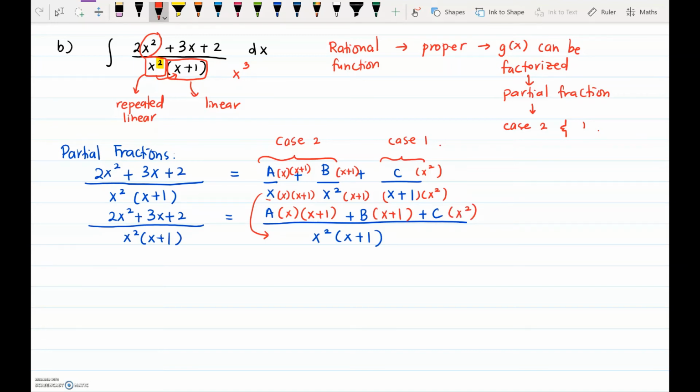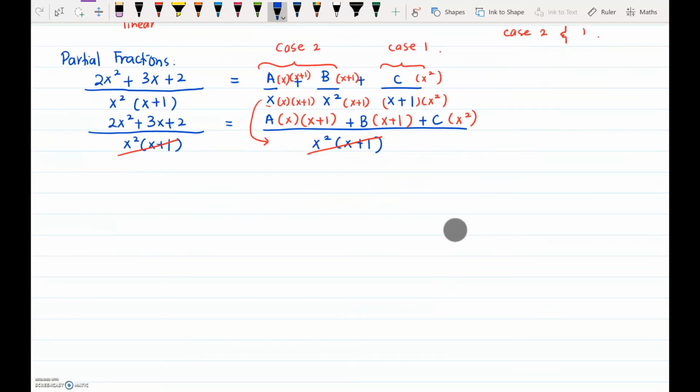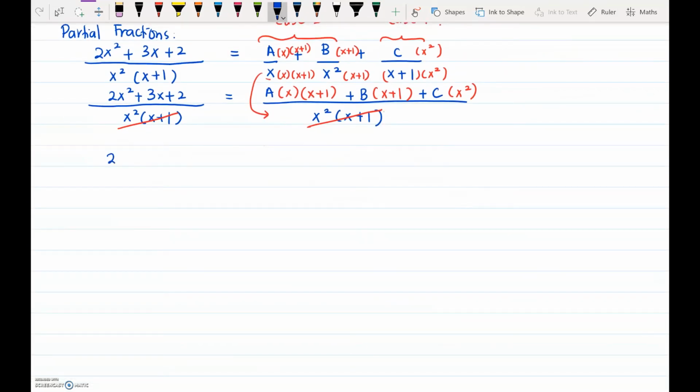Okay, class? Next step, we will cancel off the denominator, and the remaining equation is 2x squared plus 3x plus 2 equals A x (x plus 1) plus B (x plus 1) plus C x squared.